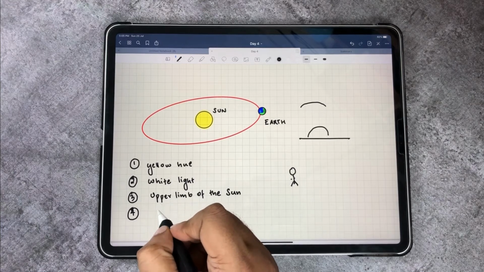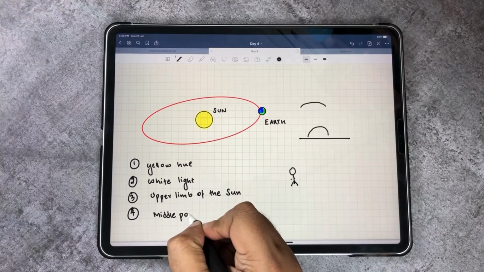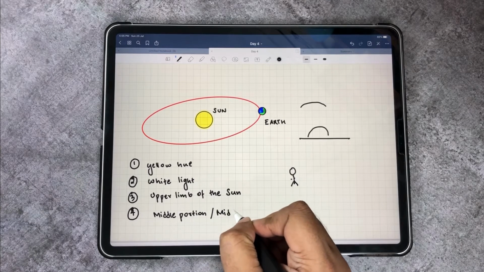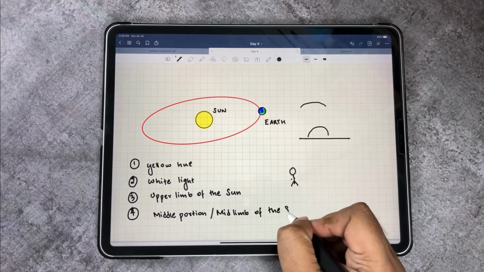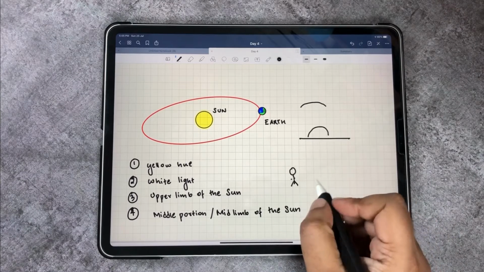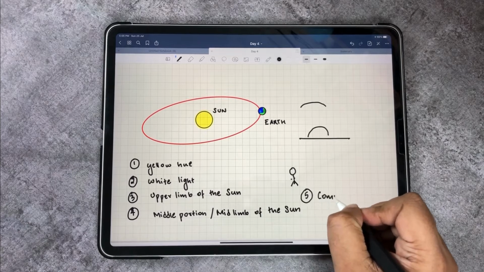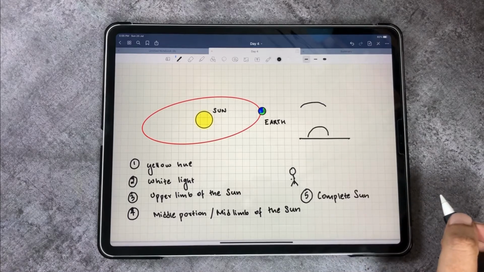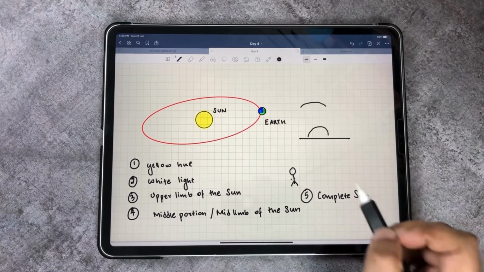So you would be able to see the middle portion or the mid limb of the sun. Right. And finally, what will happen? Finally, you will be able to see the complete sun.